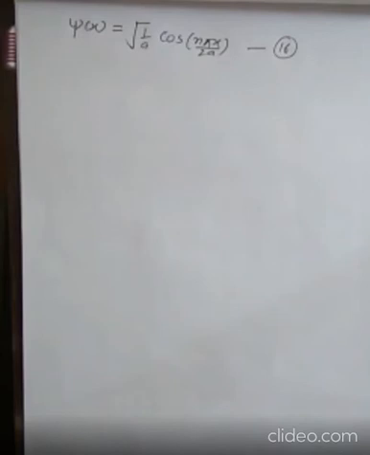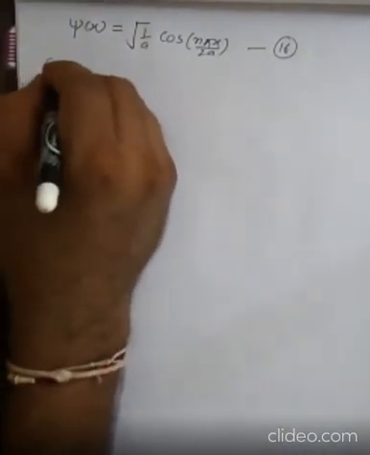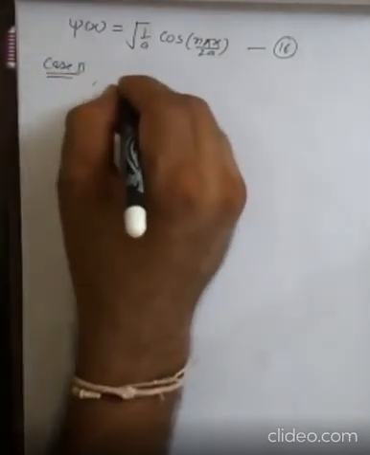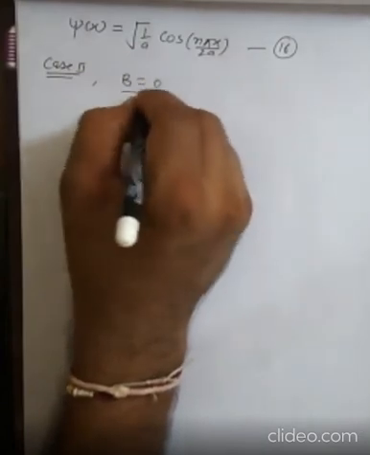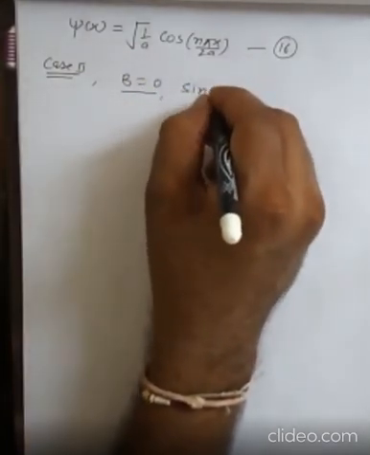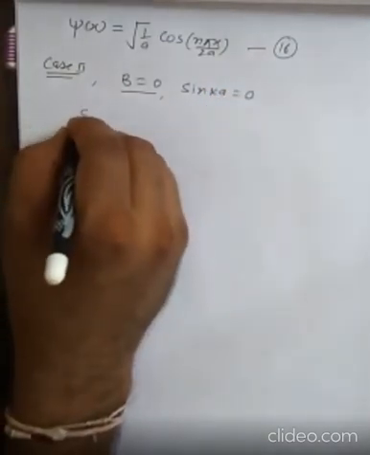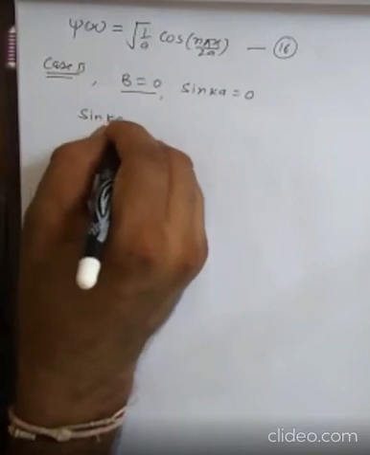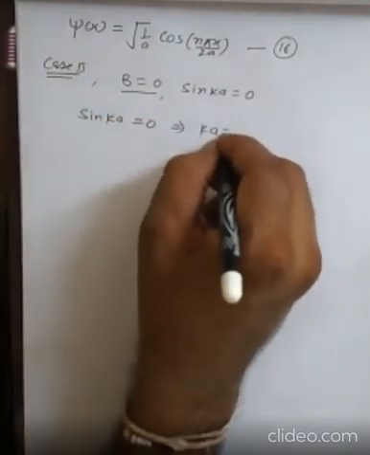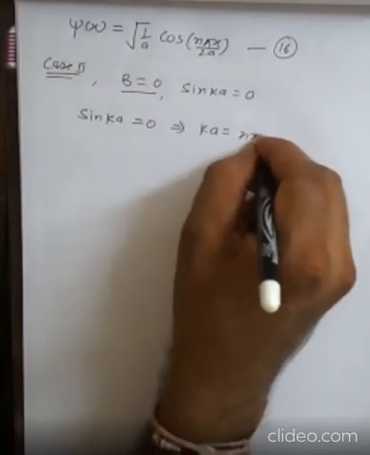Now if I consider case 2, it means b equal 0 and sin ka equal 0. So sin ka equal 0 means ka should be n pi.